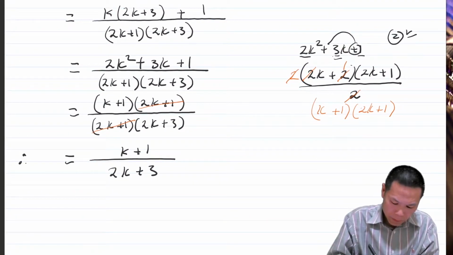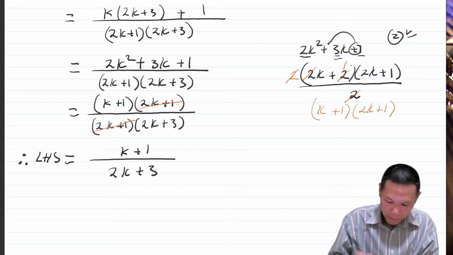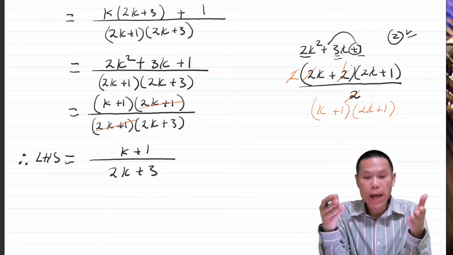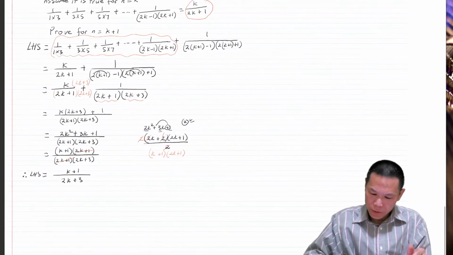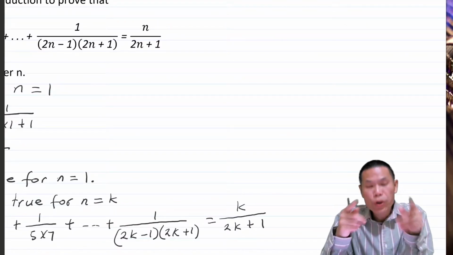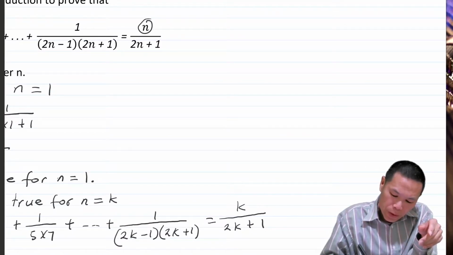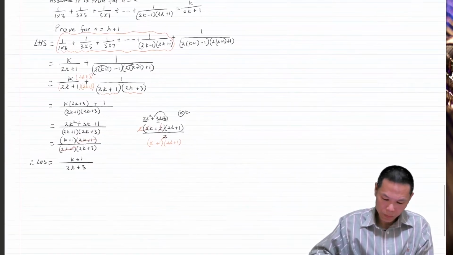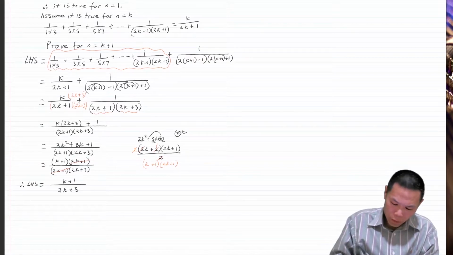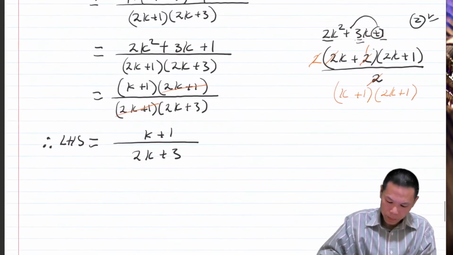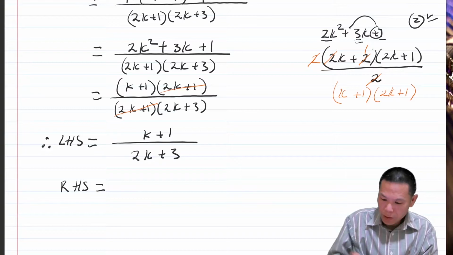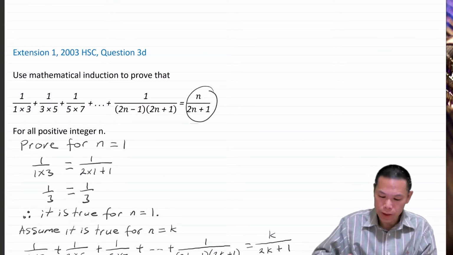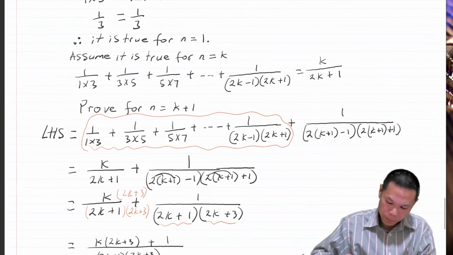So therefore, left hand side is equal to this. Now what we need to do is we need to prove right hand side. So right hand side, so we need to replace n with k plus 1. So let me write down here. So now on right hand side, which equal to, so I just substitute k plus 1 into this expression here.